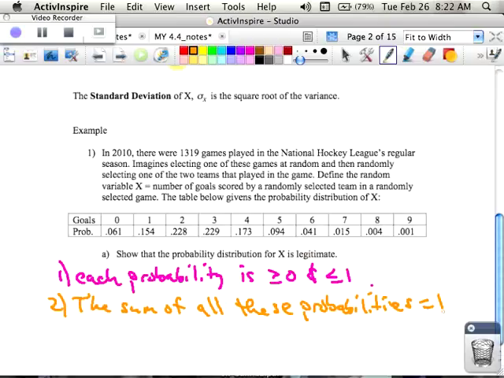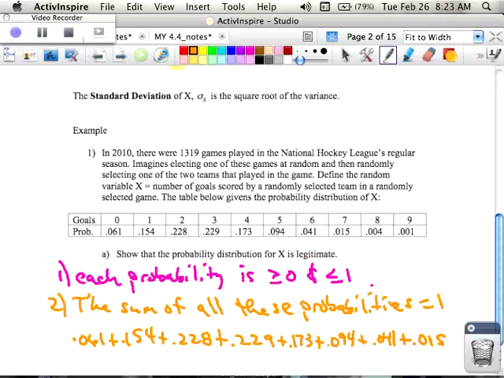That's to say that 0.061 plus 0.154 plus 0.228 plus 0.229 plus 0.173 plus 0.094 plus 0.041 plus 0.015 plus 0.004 plus 0.001 equals 1.